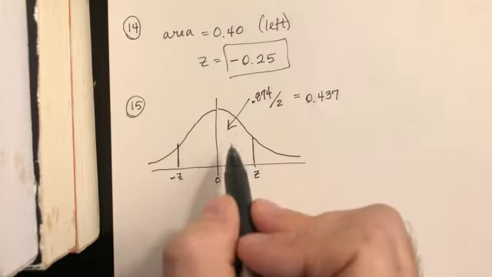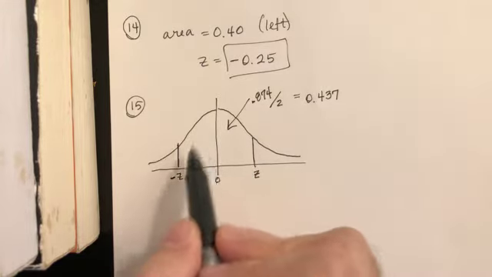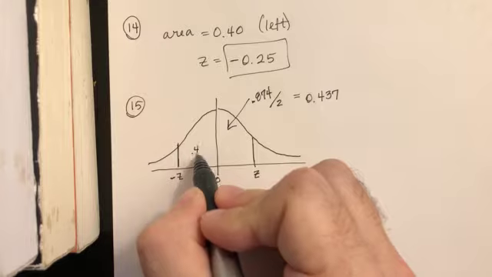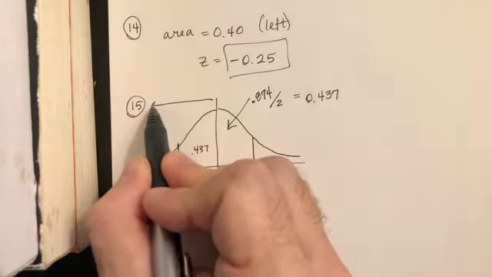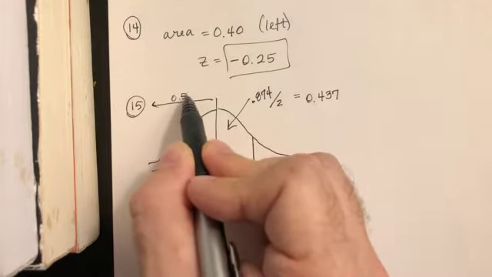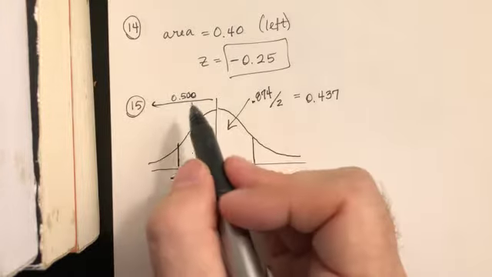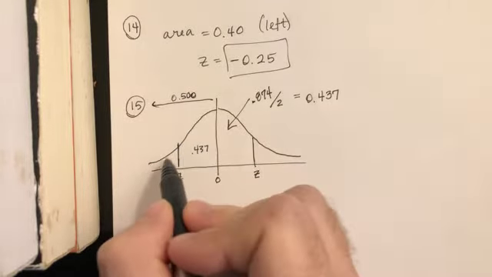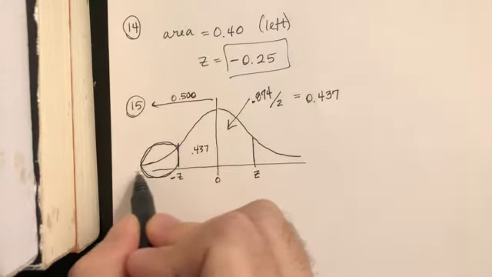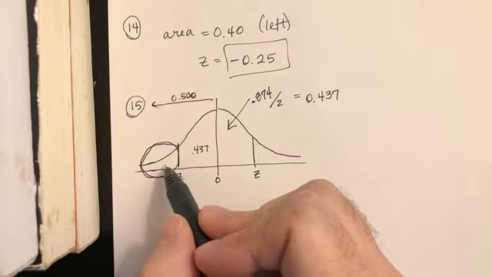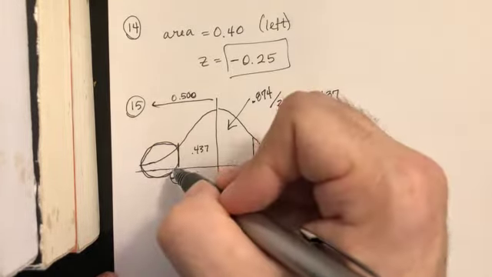Now what I can do is think, if I knew this area, which is 0.437, and I know that everything to the left is 0.5, then I could subtract the two to get this area. Now, you don't want that area for your answer, but knowing this area will help you figure out what this z-score is.